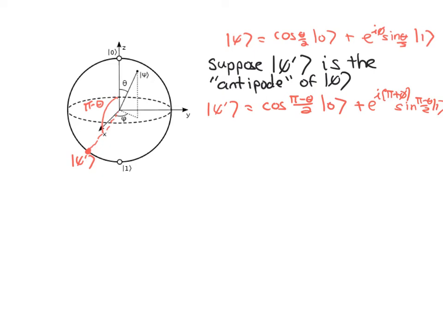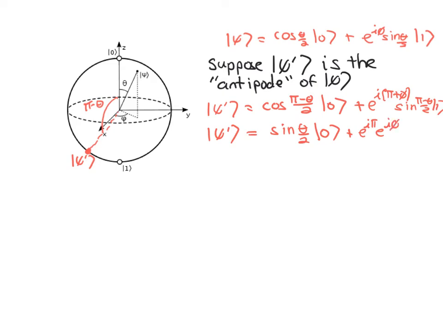Okay, and the cosine of (pi minus theta) over 2 is, it's easy to see, equal to the sine of theta over 2. That's just a trig identity. And then I can write e to the i (pi plus phi) as e to the i pi times e to the i phi.